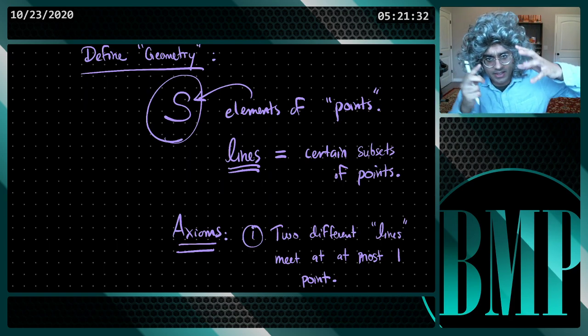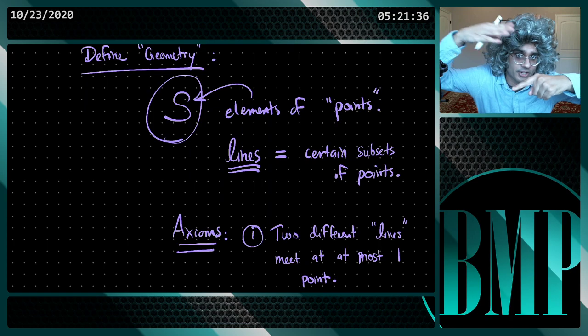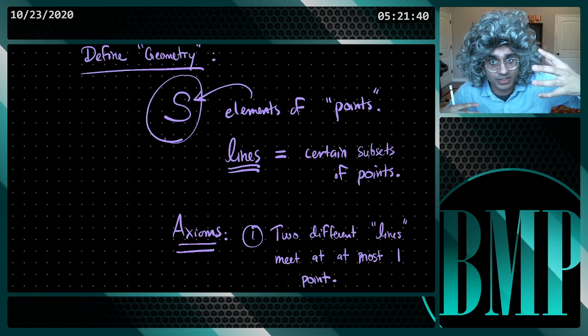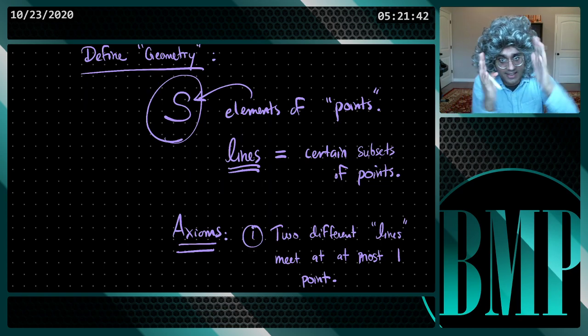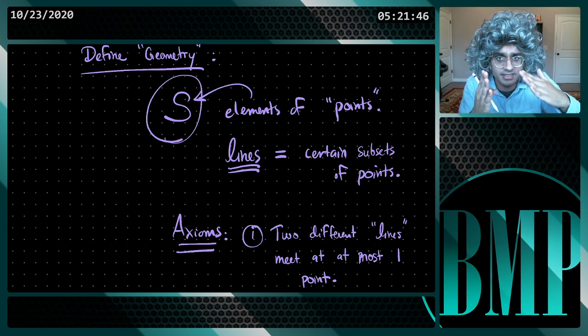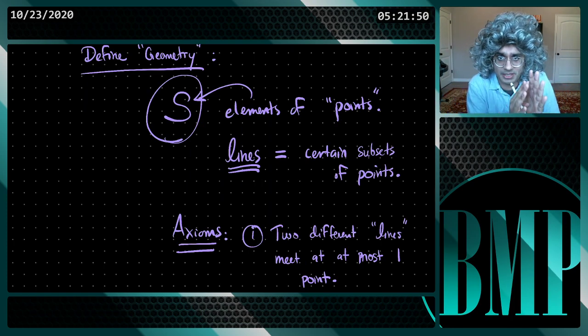Meaning, a line is just a certain collection of dots, and another line is another collection. Two of them can only meet at most at one point. You're not allowed to have two lines that meet in 2 points but are different subsets. They'll be the same subset then.